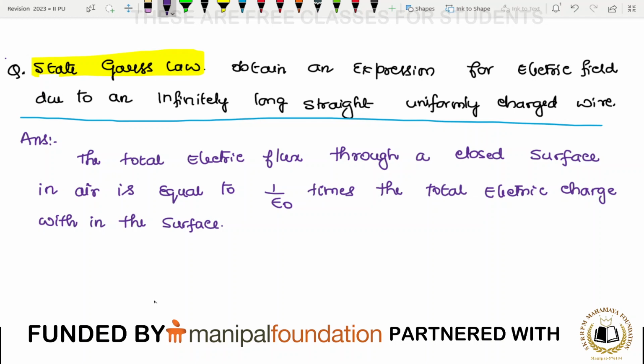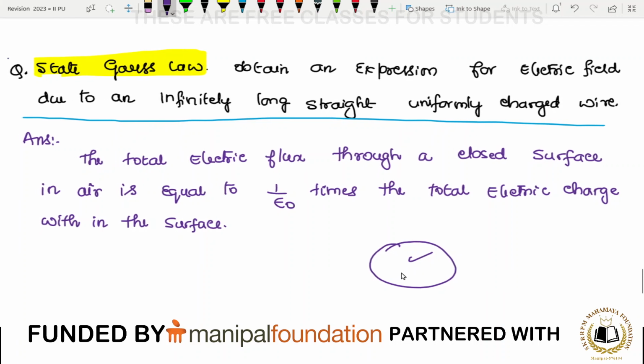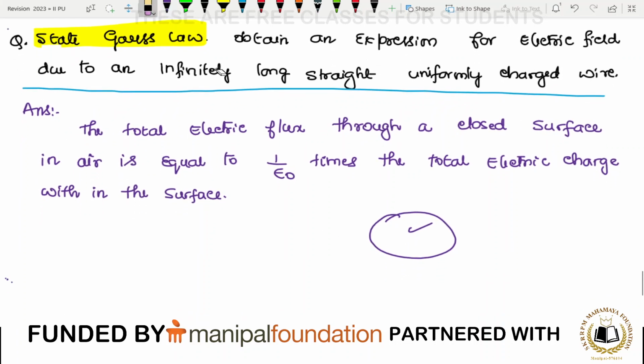Clear? That means the total electric flux through the surface is equal to 1 by epsilon naught times whatever charge is present inside the surface. That gives the electric flux. And there is one more formula for electric flux that we are going to discuss during the derivation.